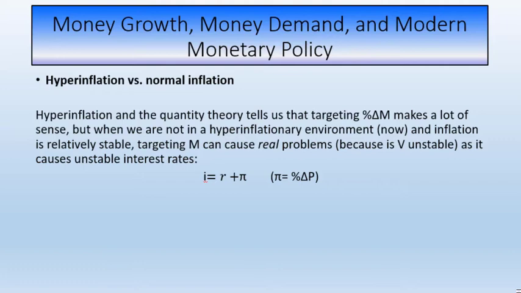In other words, that wrench I was talking about, the velocity of money, is inconsequential when you have really high hyperinflation. But when you have normal inflation, like where we are now, what drives the story is that volatility in velocity. That's what's causing the problems.